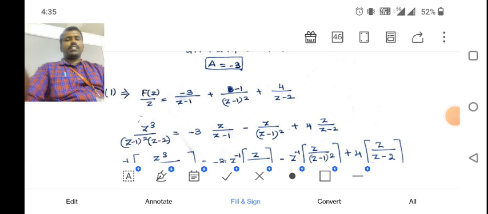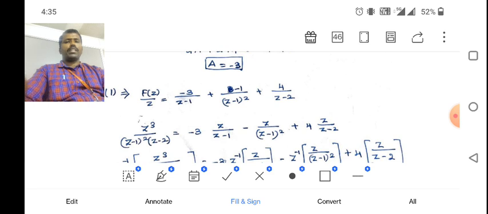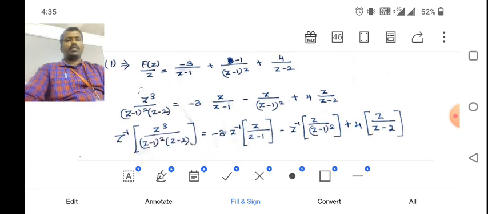Substitute the values in the above equation. F of z by z equal to minus 3 by (z minus 1) minus 1 by (z minus 1) the whole square plus 4 by (z minus 2). So f of z equal to minus 3 into z by (z minus 1) minus z by (z minus 1) the whole square plus 4 into z by (z minus 2).